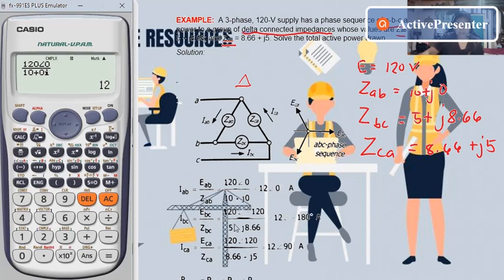And for IBC, the voltage is the same, 120 with an angle.